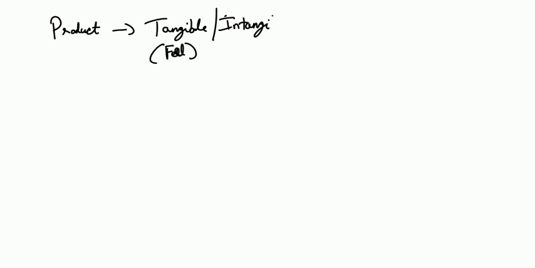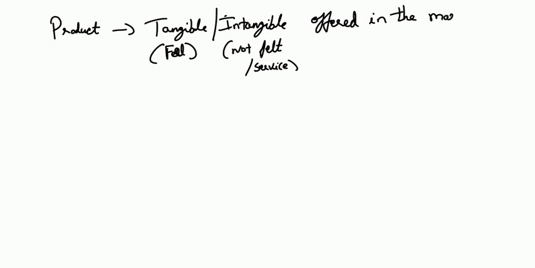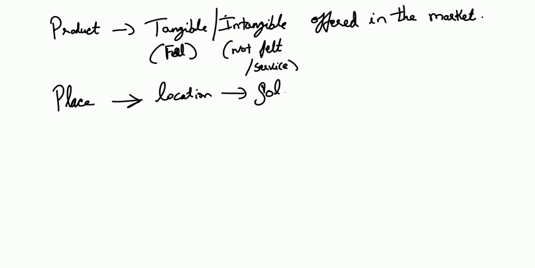Product. The product is the tangible, that can be felt, or intangible, that is the service. Not felt, there is a service offered in the market. Place is the location where products are sold.